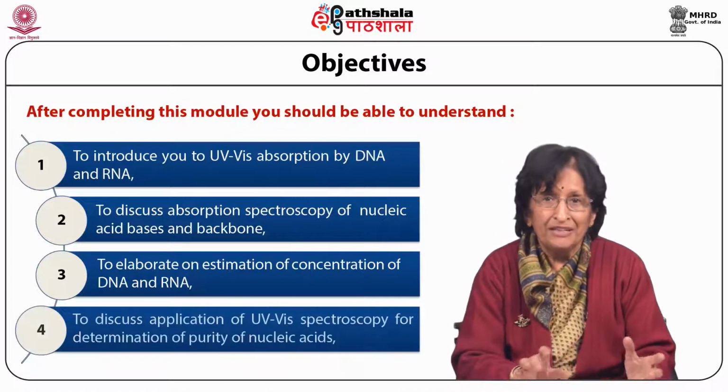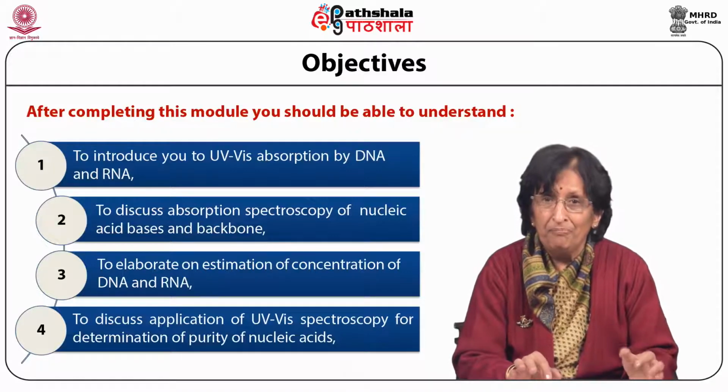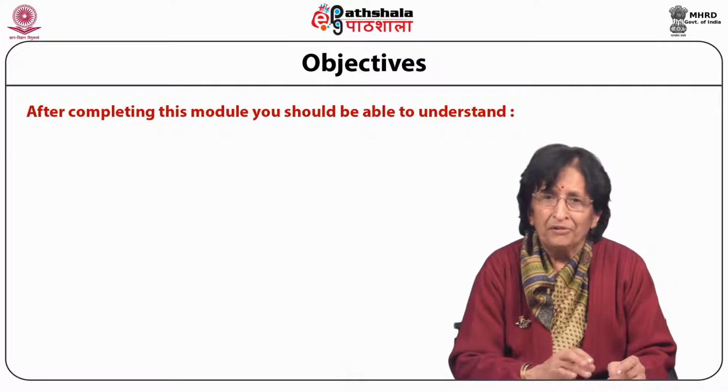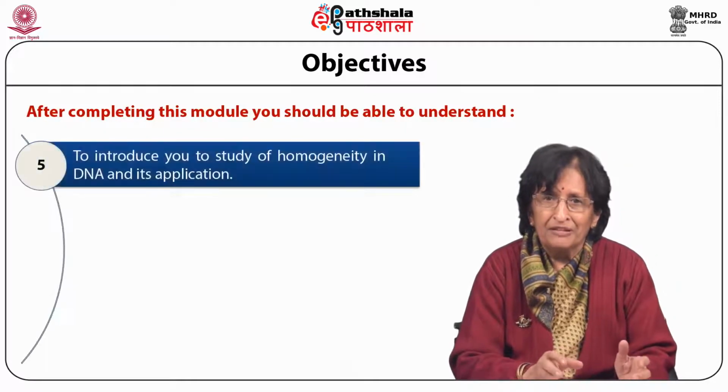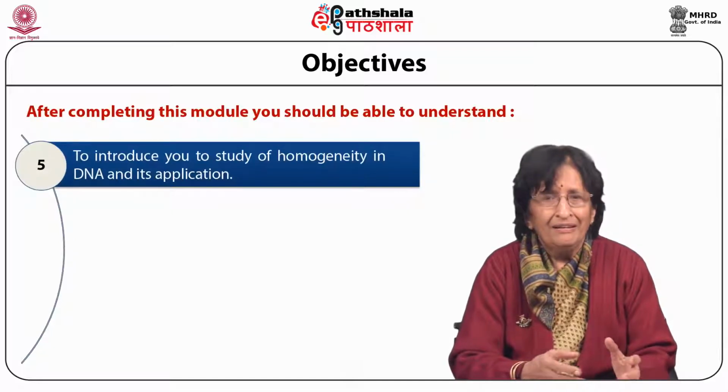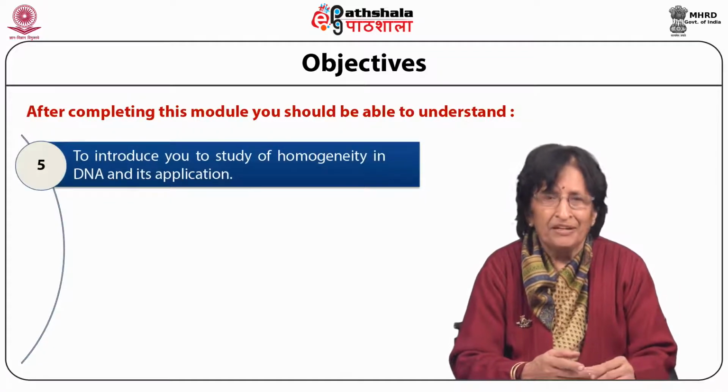You should be able to discuss application of UV spectroscopy for determination of purity of nucleic acids. And I want you to be introduced to the study of homogeneity in DNA and its application.